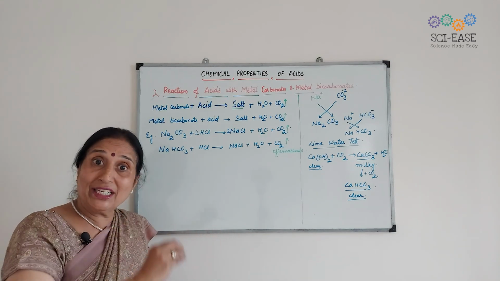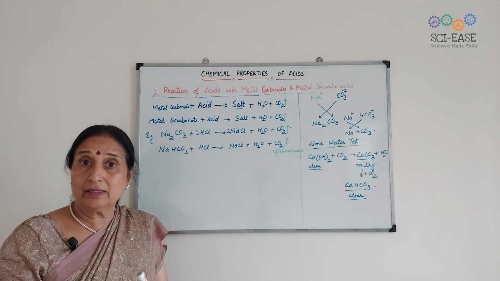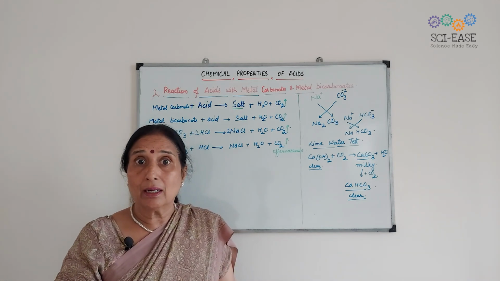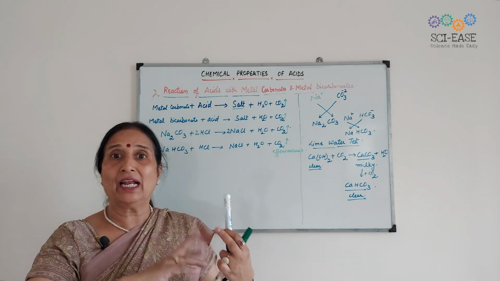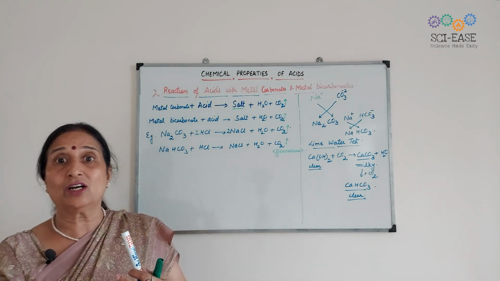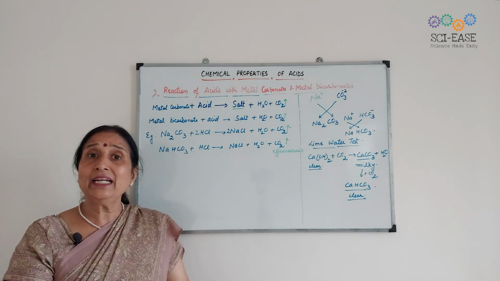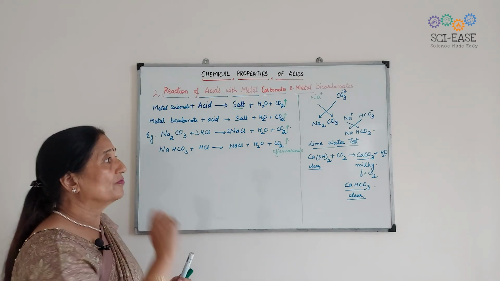Sometimes indirect equations can be asked in your board exam, not direct ones. Tell the salt which is formed when lime water reacts with carbon dioxide, name that salt, write the equation for that. Okay, so this is very important.